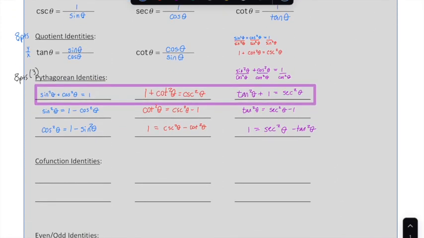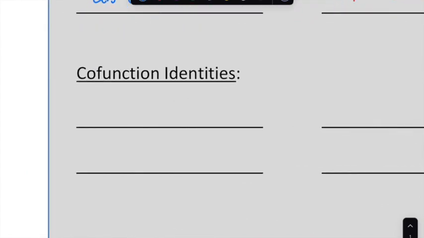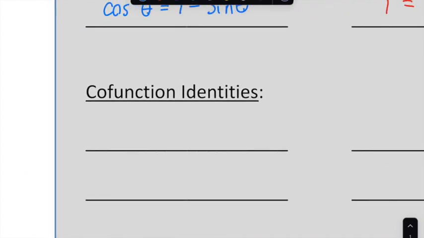So the co-function identities here, the big idea with co-function, I'll draw this triangle up here that I have on the board. The big idea is if this angle is 40 degrees right here, and I do sine of 40 degrees, that's going to equal, let's call them side M and N right there, and then I'll put H up here.